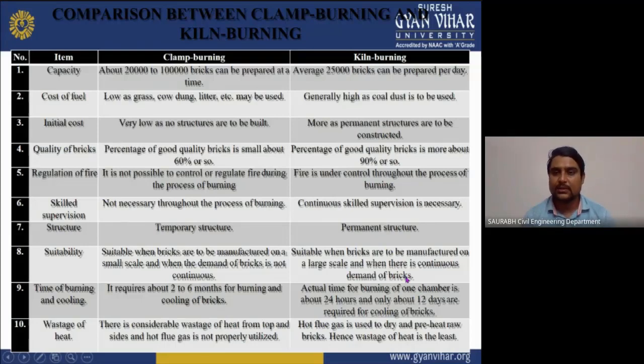Nowadays nobody is using clamp burning, because you have to use a lot of energy there, a lot of energy is wasted, and it is also costly. That's why we are using the kiln burning method for burning a brick.